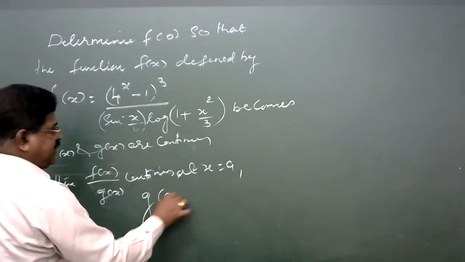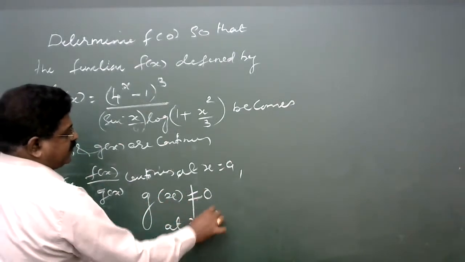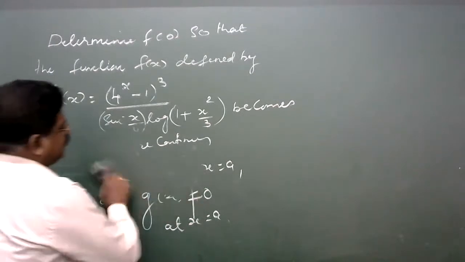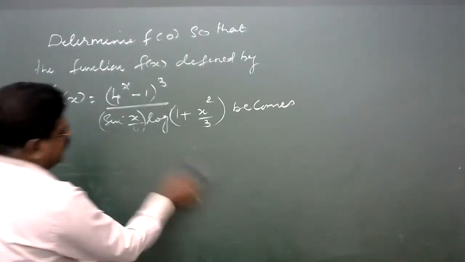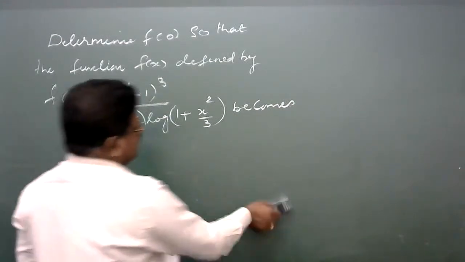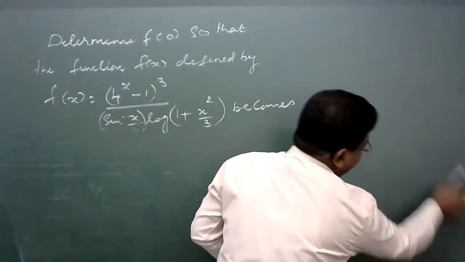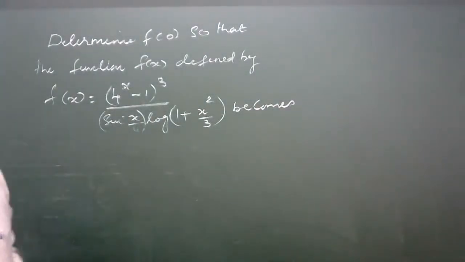The condition is that g of x should not equal 0 at x is equal to a. This is very, very important. So if two functions are continuous, the product of two functions is also continuous. The quotient of the function is continuous when the function in the denominator is not equal to 0 at the given point a.